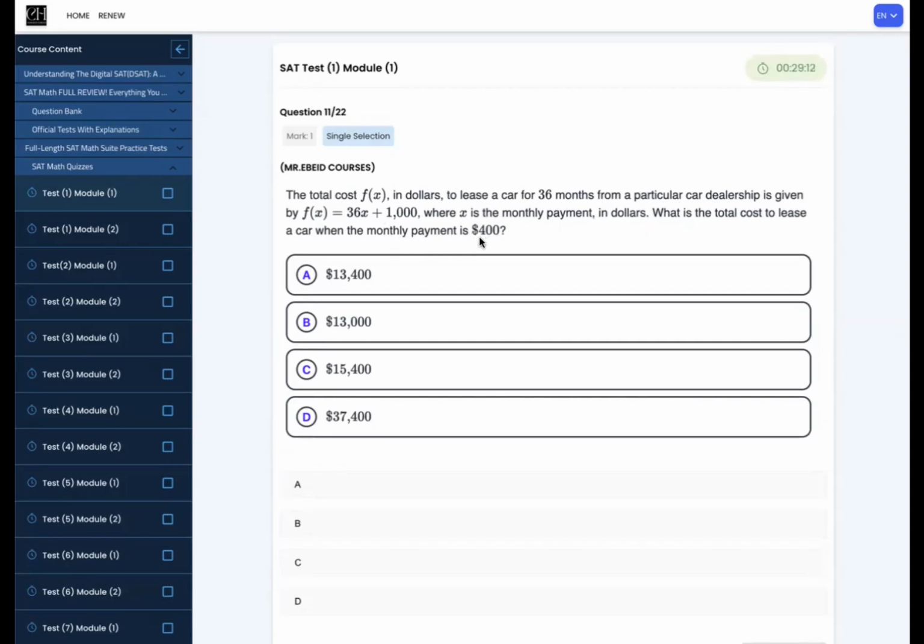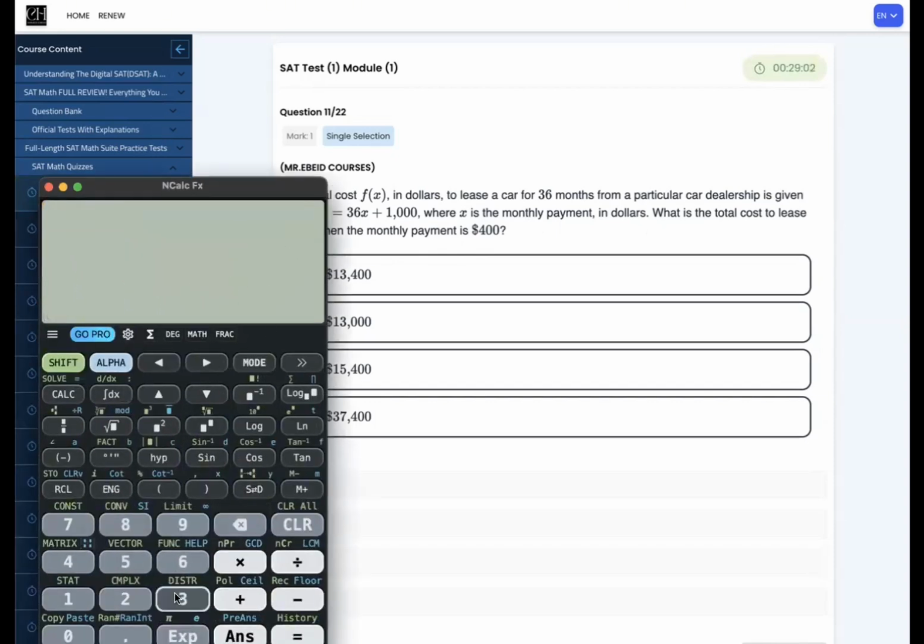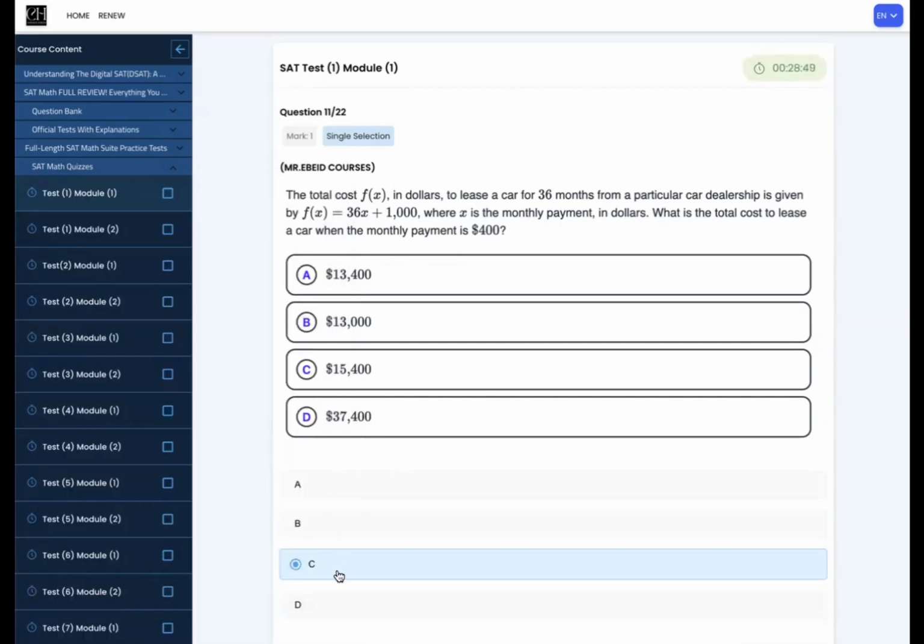So if the monthly payment, which represents x, is 400, you'll just plug in x equals 400 and find the final answer. We can use the calculator. It will be 36 times 400, which equals 14,400, and then add 1000 to the answer. So the answer is 15,400, which is C.